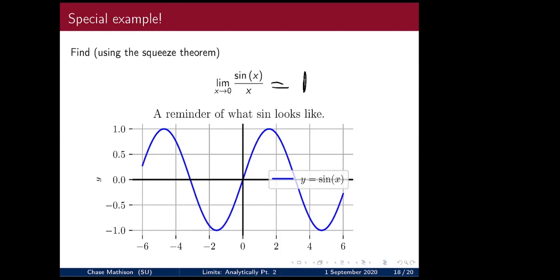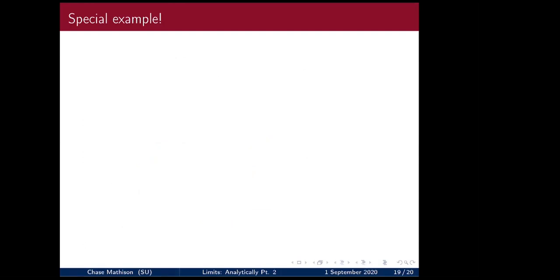So let's get to work on trying to prove this. The proof of this is very geometric. If that scares anybody, just remember that the limit as x approaches 0 of sine of x over x is 1, and ignore what I'm about to say. But here's the proof.